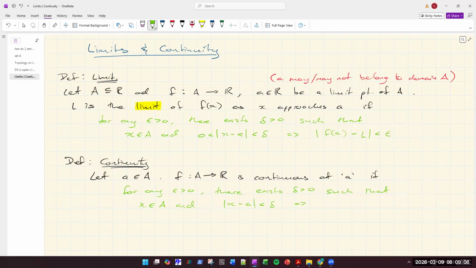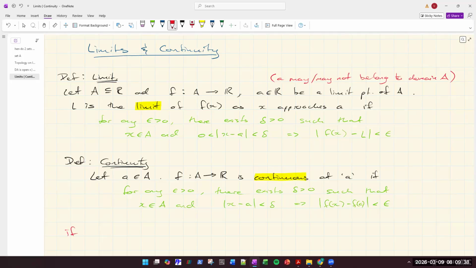Okay, this implies that the distance between the corresponding images f of x and f of A is within epsilon. So I want you to pay particular attention to how close these two definitions are in their setup and the subtle difference between them.